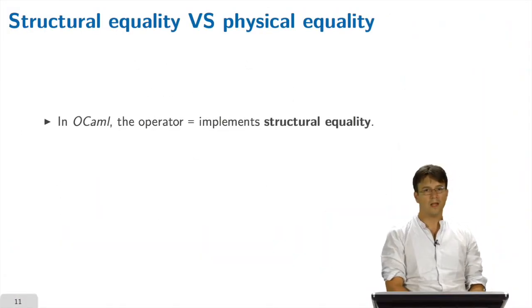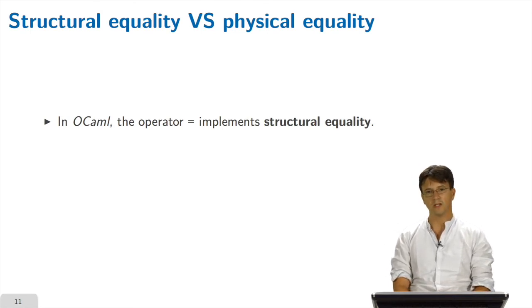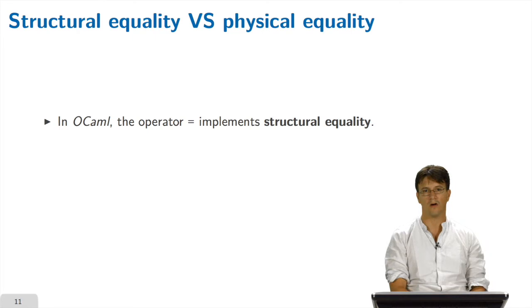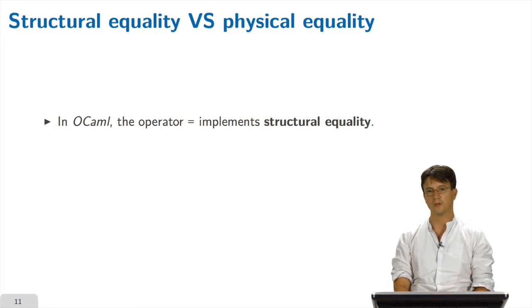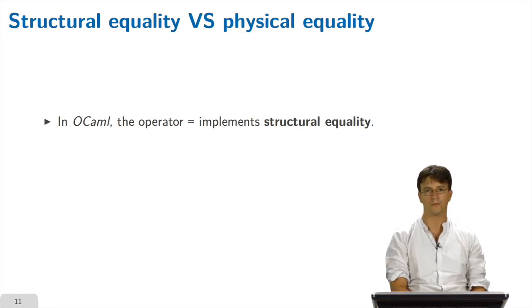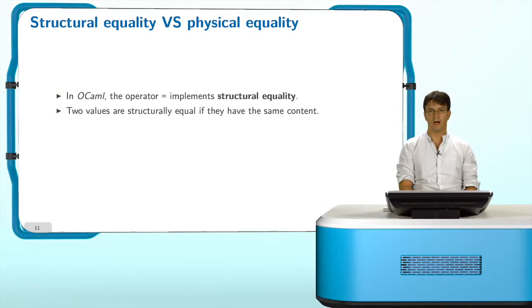So now let us talk about equalities. In fact, in OCaml, there are 2 kinds of equalities. The first one is the structural one that you have already seen in previous weeks. 2 values are structurally equal if they have the same content.